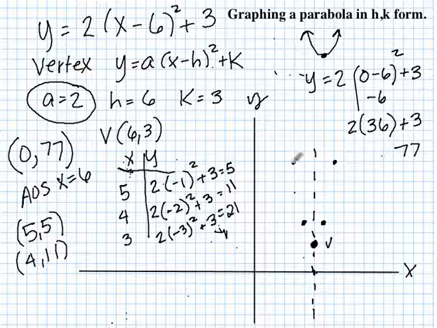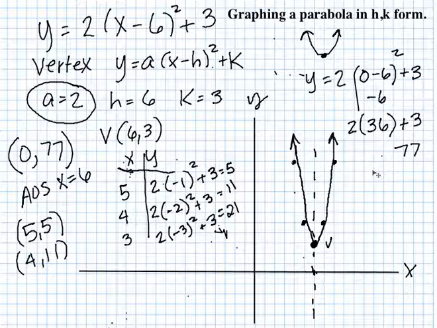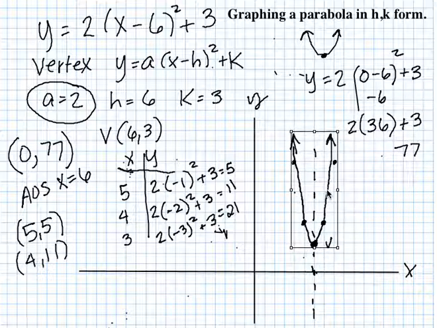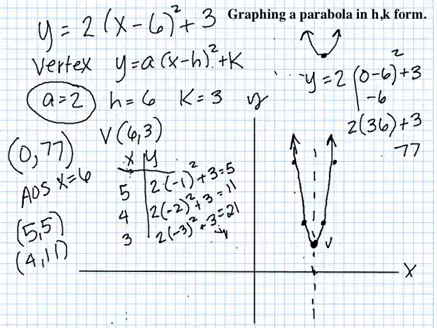Okay, I make no promises for the beauty of this parabola, but I will try. That's probably about the best you're going to be able to get freestyle. There are graphing calculators that will graph it much better. However, be aware that on your EOC, you may not have access to a graphing calculator.